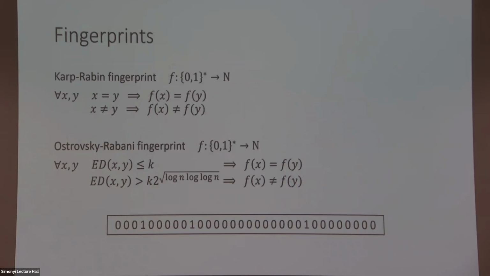Sorry, could I ask how that claim about, if the edit distance is small, then the fingerprints are equal, and if it's large, then, how does that follow from the L1 embedding theorem? Oh well, it's not immediate, but if you think about it, maybe you have to massage the Ostrovsky-Rabani embedding a little bit to get it, but it actually follows. I guess I was asking, does it follow from the L1 embedding theorem or does it follow from the proof?